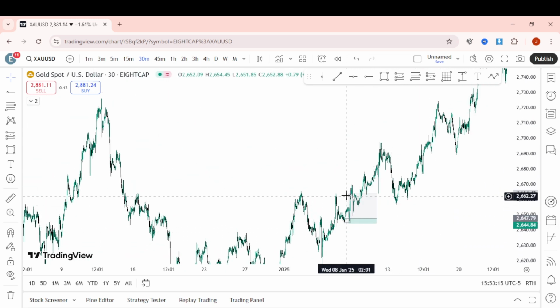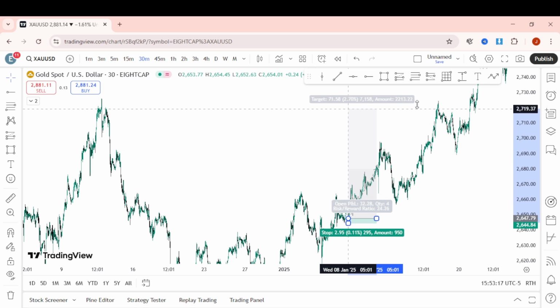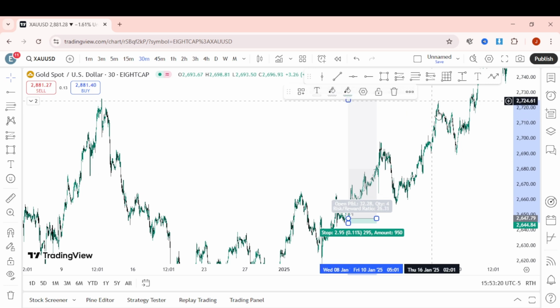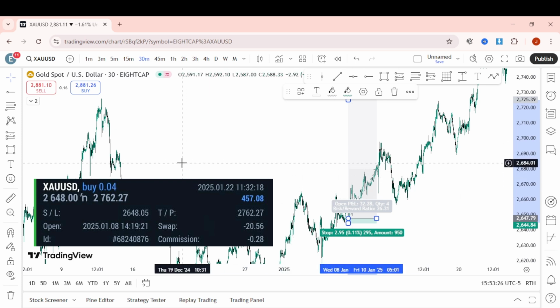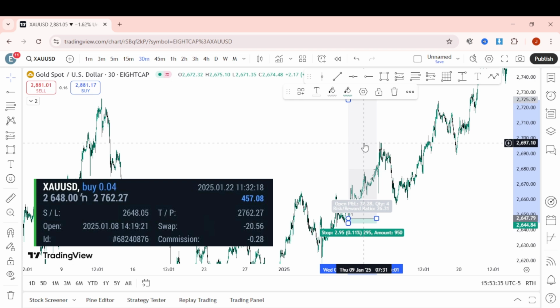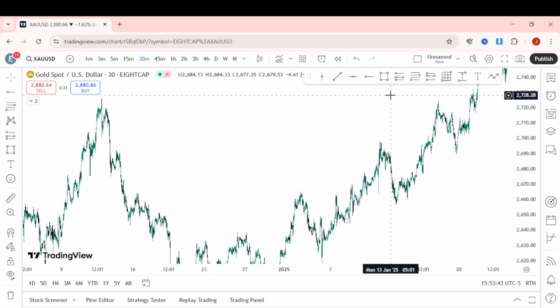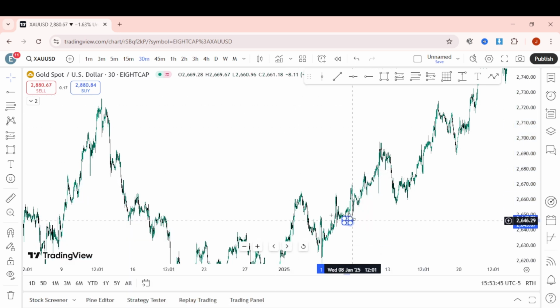I think TP should be right here. So on this one trade alone, you could have made 126, meaning if you had put $10 into this trade, you could have made about $260. If you had put about $100 into this trade, you could have made $2,600. So it's a very, very, very high ratio.